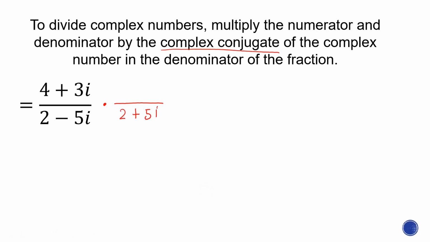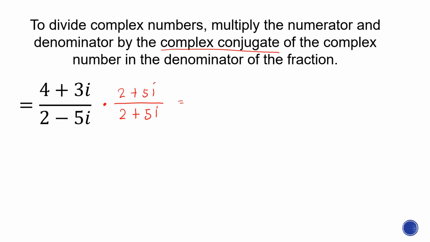As you can see, the only difference between the two complex numbers is the sign. The original complex number has minus 5i, and the complex conjugate of that is plus 5i. We will multiply both the numerator and the denominator by that complex conjugate.